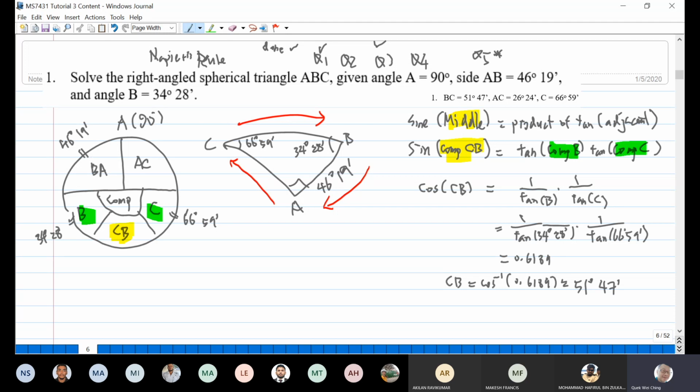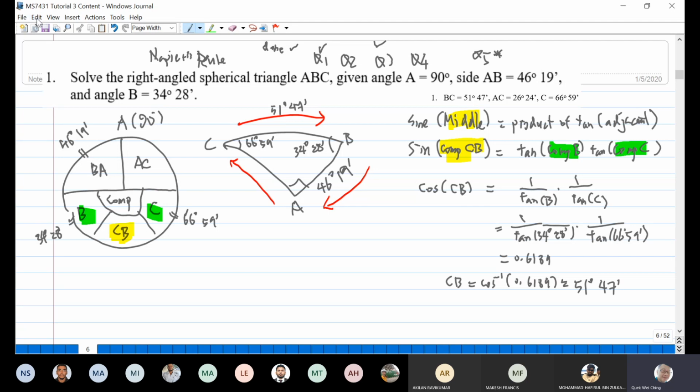So press calculator. Be careful. So this I find BC now. So I know this is actually 51 degree, 47 minutes now. Right, this is the second part. So and then I want to continue the last part, find AC now, right?